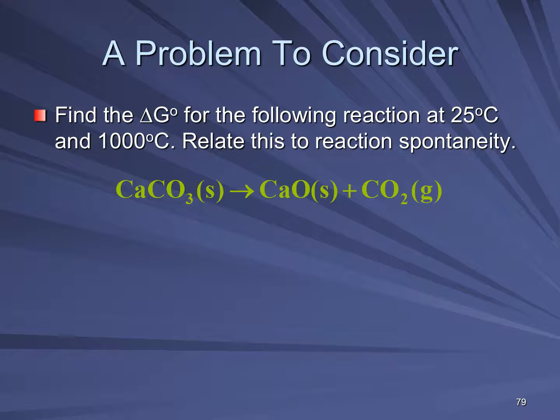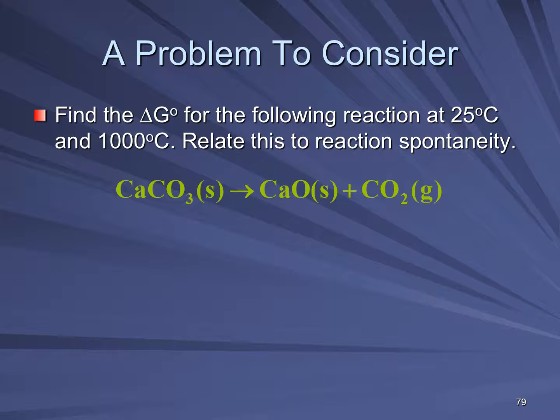So let's do an example. Find delta G for the following reaction at 25 degrees Celsius and at 1000 degrees Celsius, and then relate this to spontaneity. This reaction is calcium carbonate becoming calcium oxide and carbon dioxide. Calcium carbonate is what you find in chalk and limestone, and calcium oxide is quicklime, so this is the decomposition of calcium carbonate.